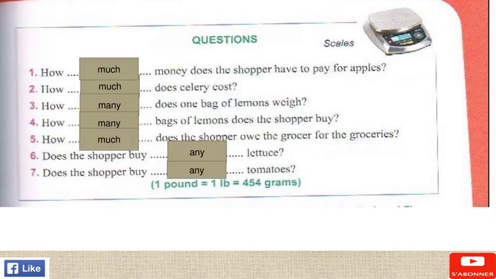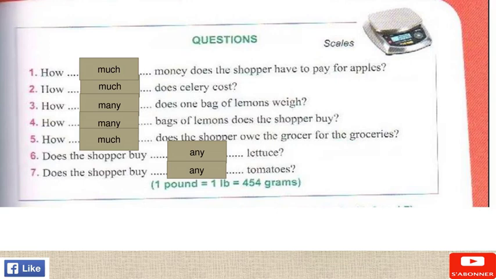So, how much money does the shopper have to pay for apples? Much money. How much does celery cost? It's about price, so how much? How many does one bag of lemons weigh? Bag is countable. This is why we have selected many. How many bags of lemons?